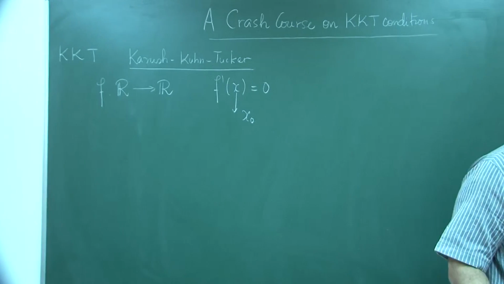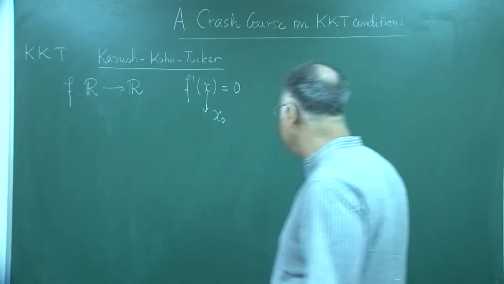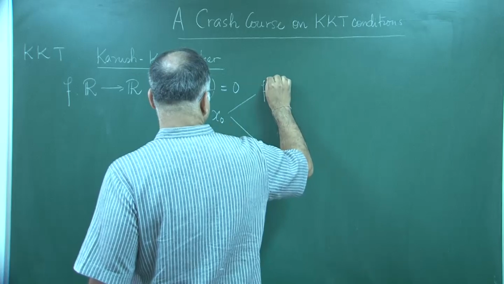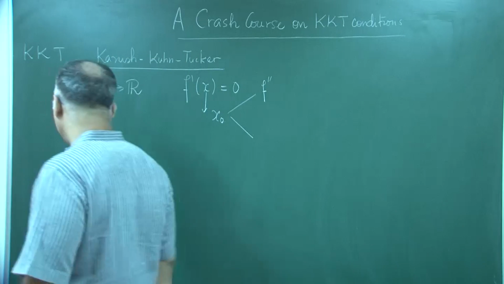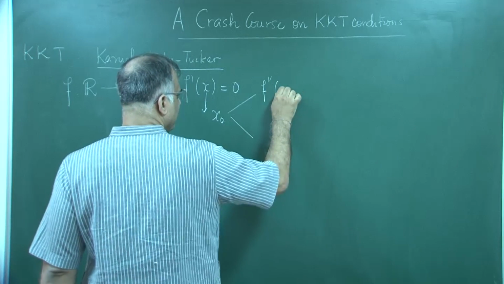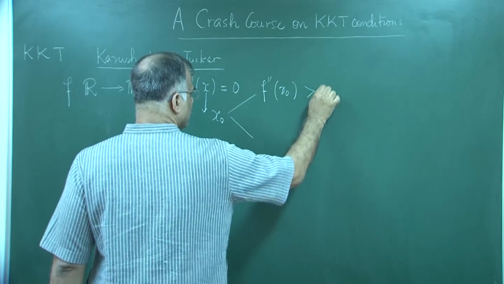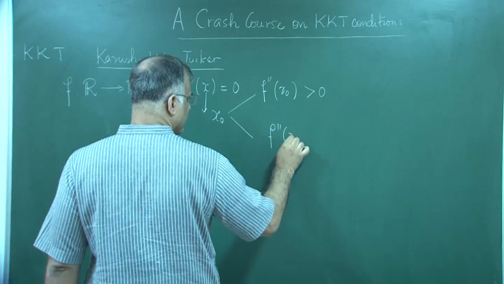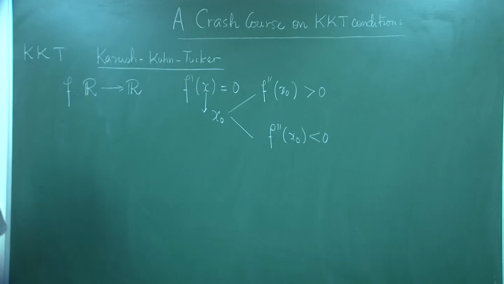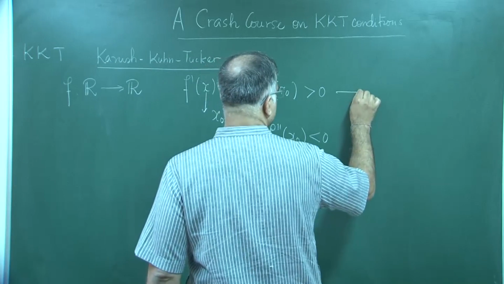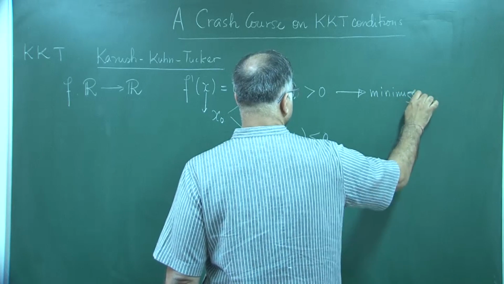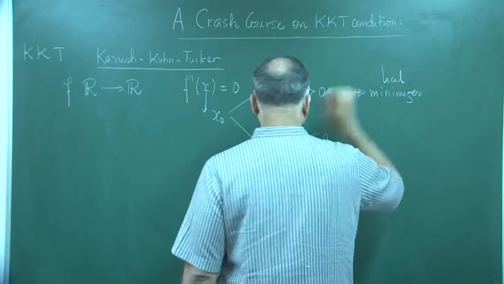And for that you need to talk about second order conditions, which you are aware of from your high school studies. If I can take the second derivative, then compute it at x naught and see what happens. If it is strictly bigger than 0, you know that x naught is a local minimizer.